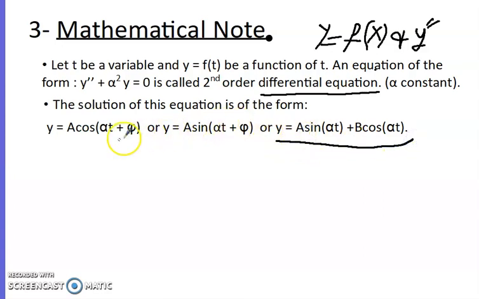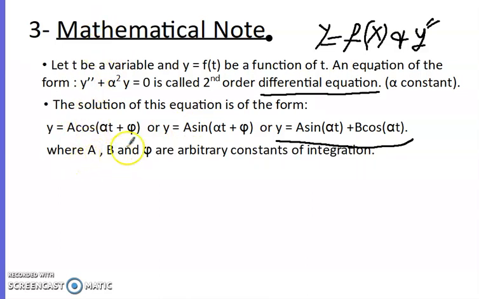But in physics, we like to write A cosine alpha t plus phi or A sine. Don't forget that cosine and sine are twins. Means you can always change from cosine into sine or from sine into cosine by adding or subtracting from the angle pi over 2.